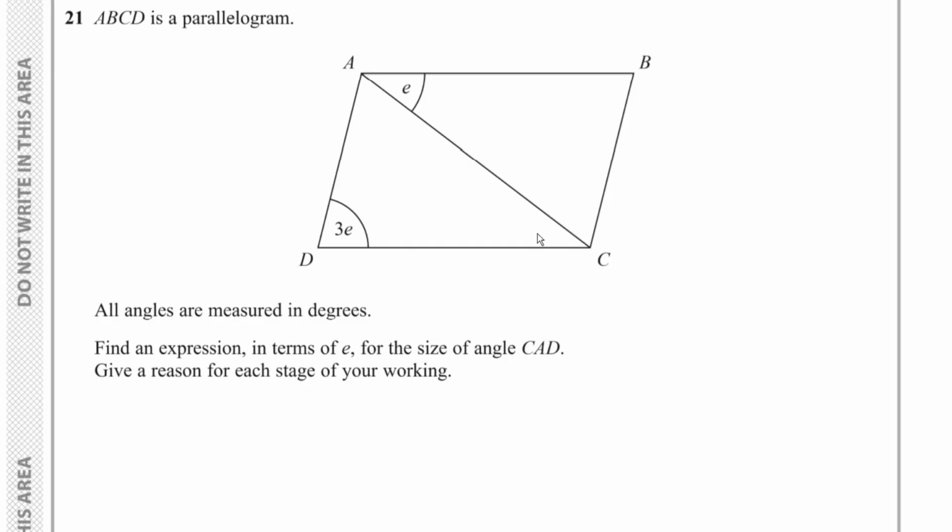Well, first of all, this angle here will equal E. What's the reason for that? Is because we have alternate angles. First of all, we know that AB and DC are parallel.